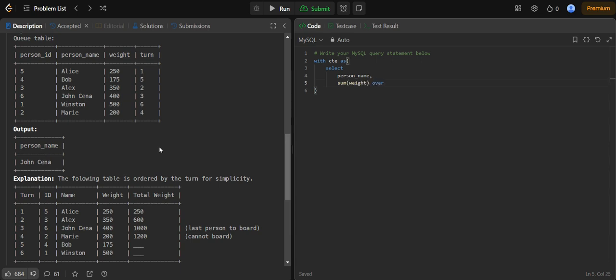I am going to use the window function OVER, ORDER BY turn, as total weight.